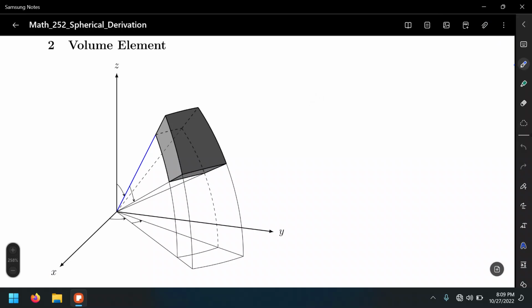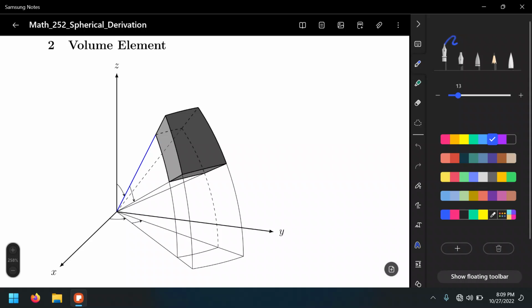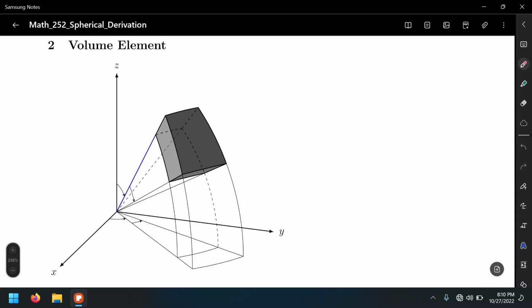What we need to understand is 3 things here. Number 1, in the same way that we had a delta x, delta y, and delta z, in this case we're going to have 3 deltas that will become later these 3 differentials, one for rho, one for phi, and one for theta. So, number 1, the first delta in red, it's this one right here. That's related to the thickness of the sphere, if you will.